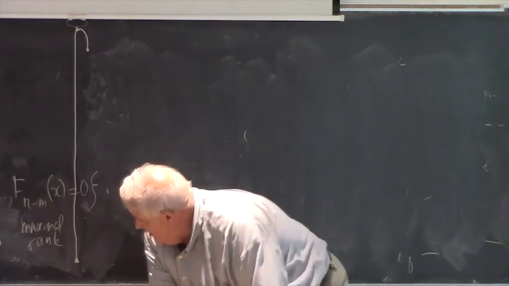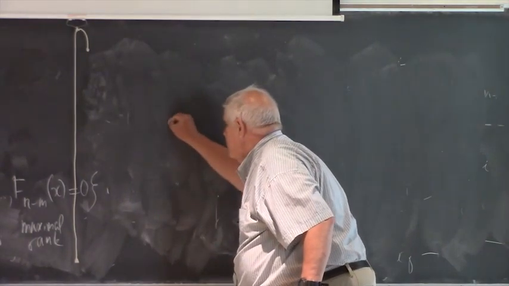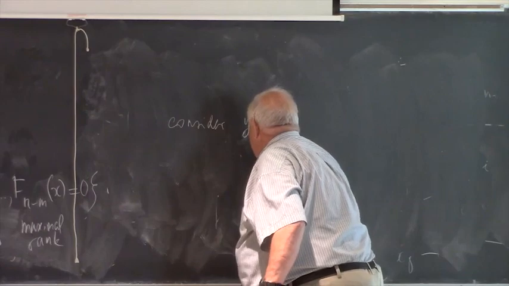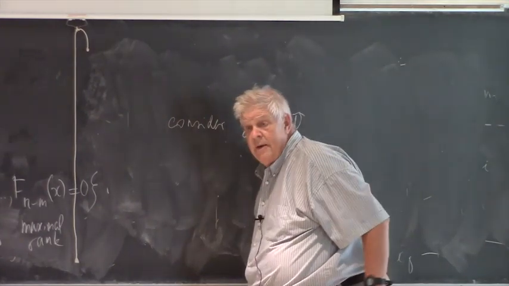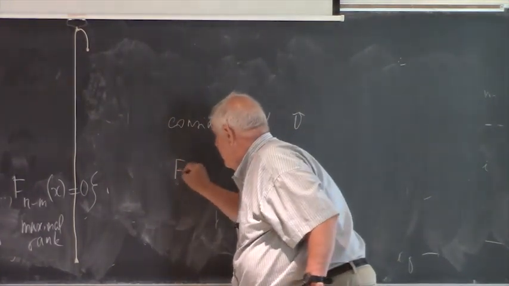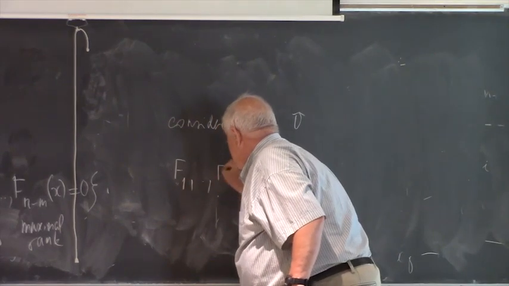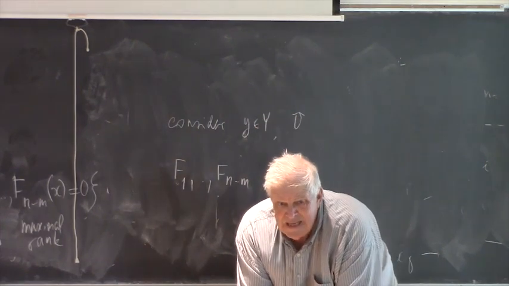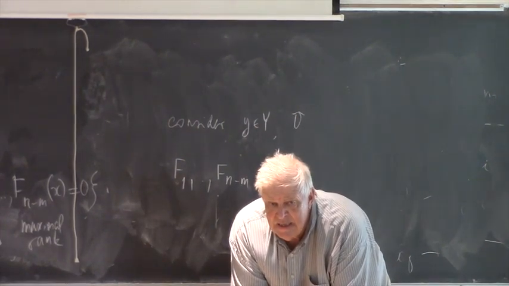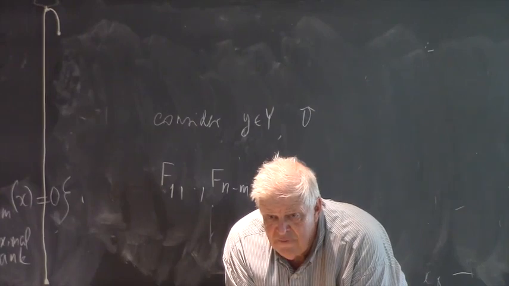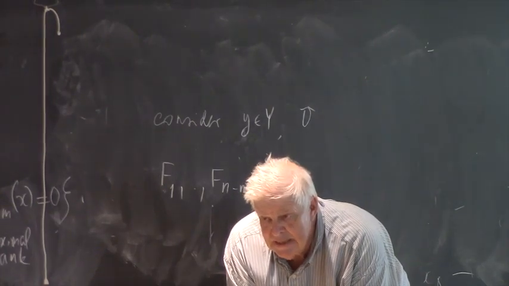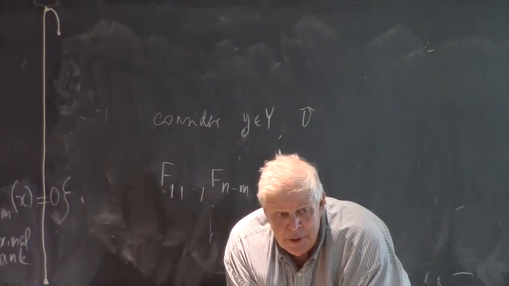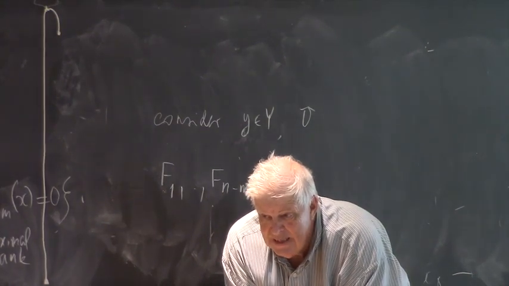Let me do the following. Consider y in Y, this U as here, and the functions f_1 through f_{n-m}. When I say that these functions form a non-degenerate system, that is, the Jacobian matrix has maximal rank, what do I mean precisely?